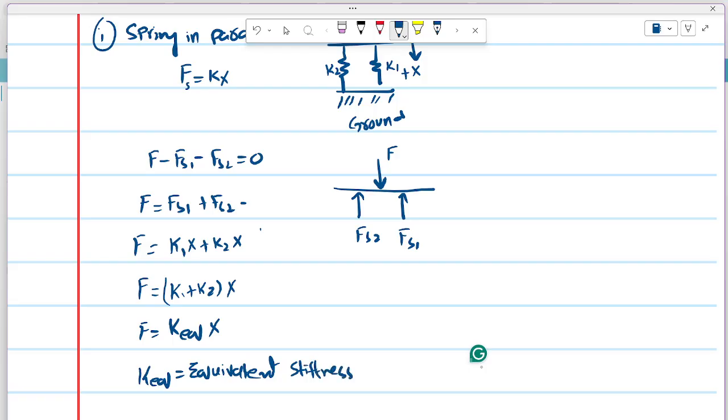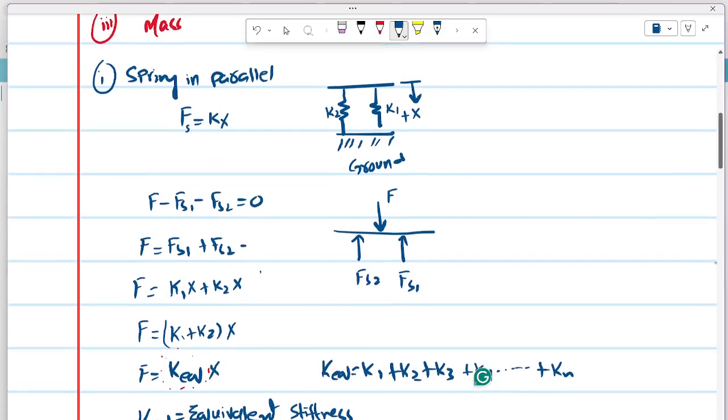From this example we can conclude that if the springs are in parallel, their combined stiffness is the sum of the individual stiffnesses. No matter how many springs you have in parallel, k equivalent equals k1 plus k2 plus k3 plus k4 and so on until kn, right?